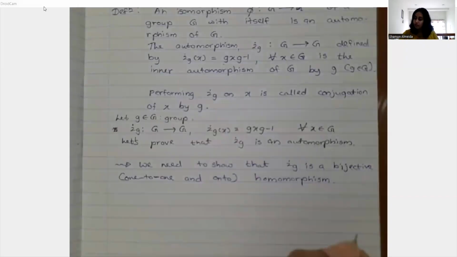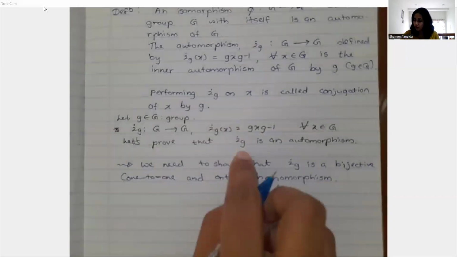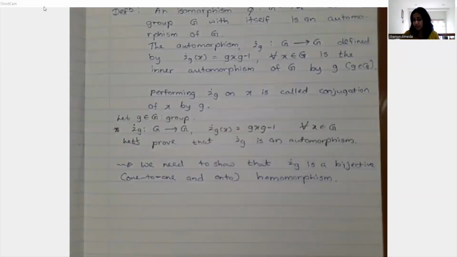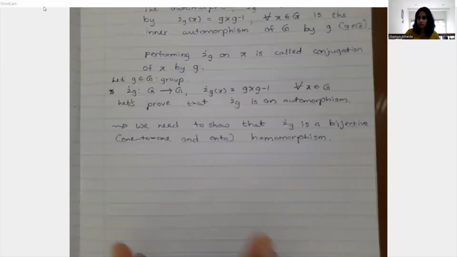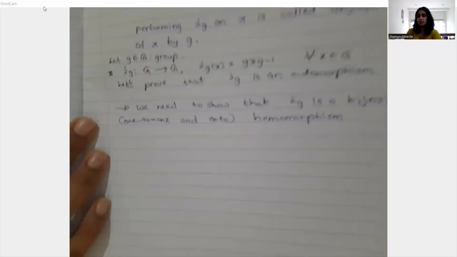Right. So to prove that this is a homomorphism, let's take two elements x and y from G. We have to show that I sub G of x times y is equal to I sub G of x times I sub G of y, right? So the first step would be to pick two elements x and y.